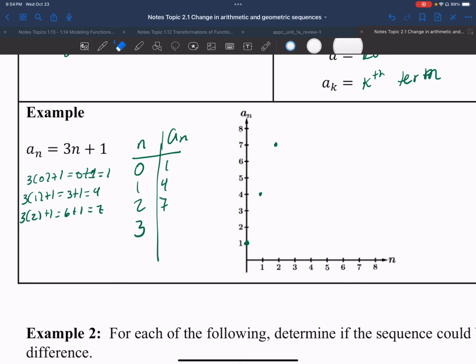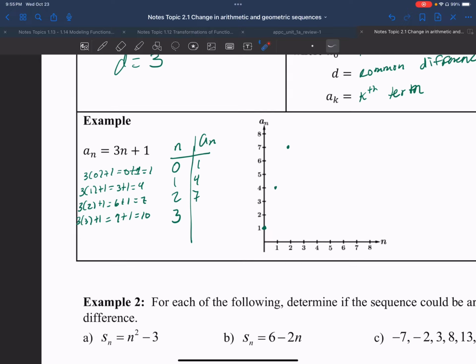When I do 3, I get 3 times 3 plus 1, which is 9 plus 1, which is 10. Again, I can't put it because it only goes all the way up to 8. But you can see the linear pattern in the numbers already because this is an arithmetic sequence. Again, do not connect them. I was just showing the shape of the graph.